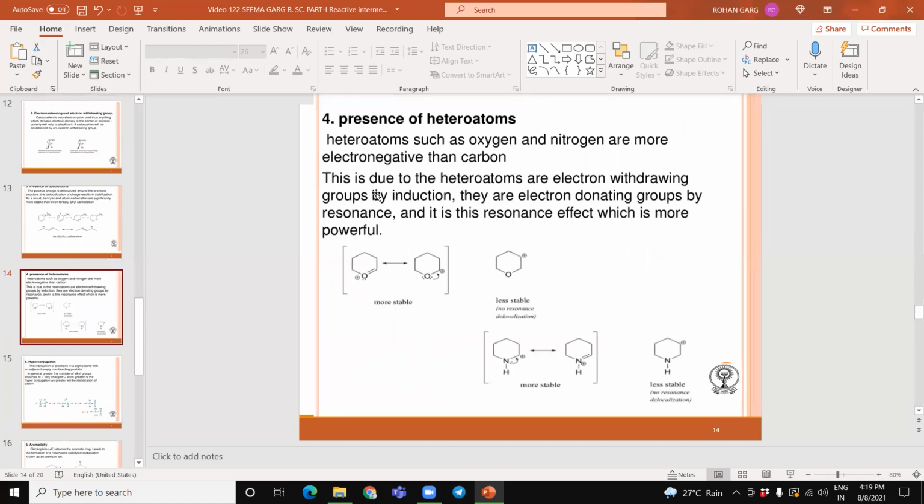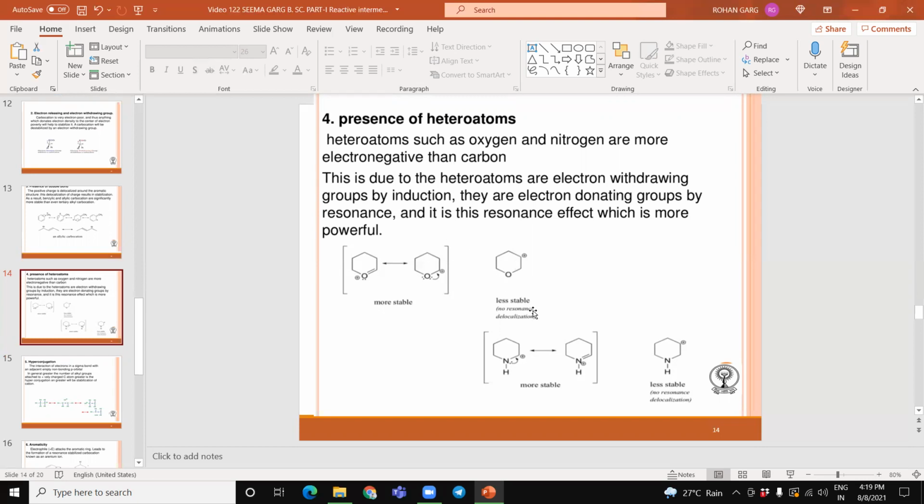Presence of heteroatoms. Here, when heteroatom is present, here oxygen is there, this tetrahydrofuran, or nitrogen, which are more electronegative than carbon. The heteroatoms are electron withdrawing groups by induction. They are electron donating groups by resonance, and it is this resonance effect which is more powerful.